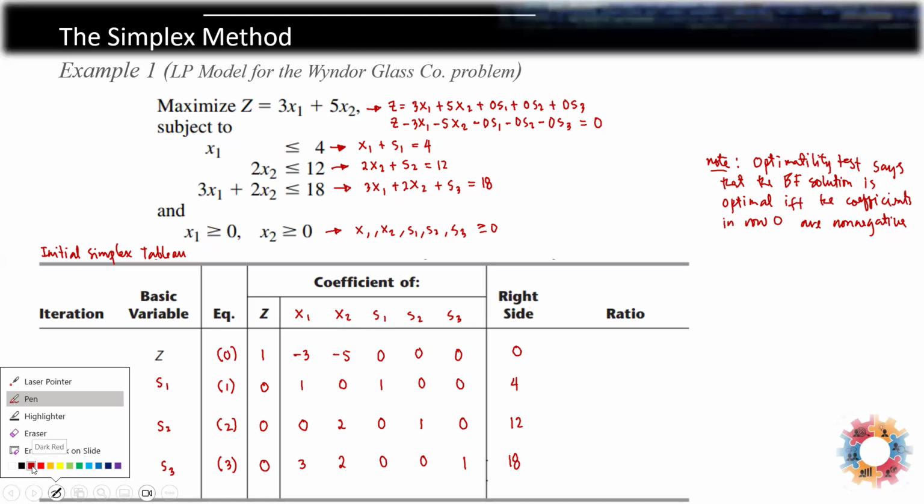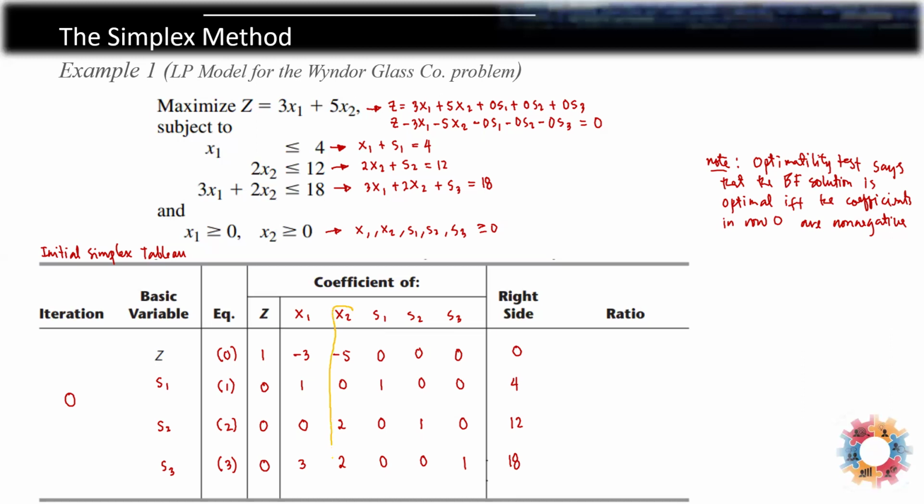The pivot column is determined by the column that corresponds to the most negative coefficient. Here you have -5 in the zeroth row, no? So that means that your pivot column is, let's box that, this column. Okay, this is your pivot column, right?